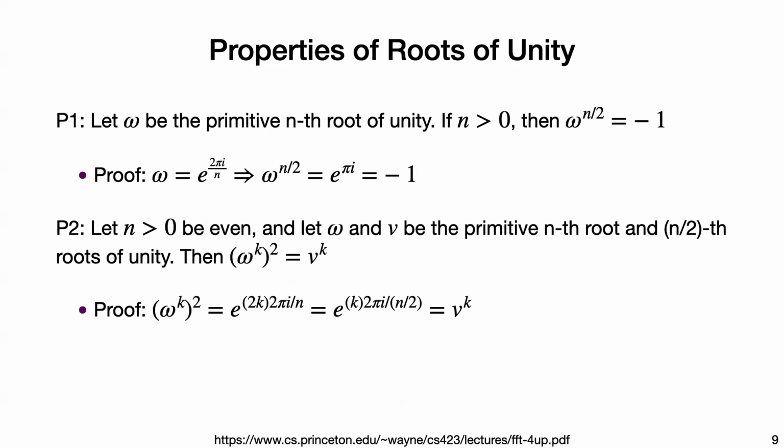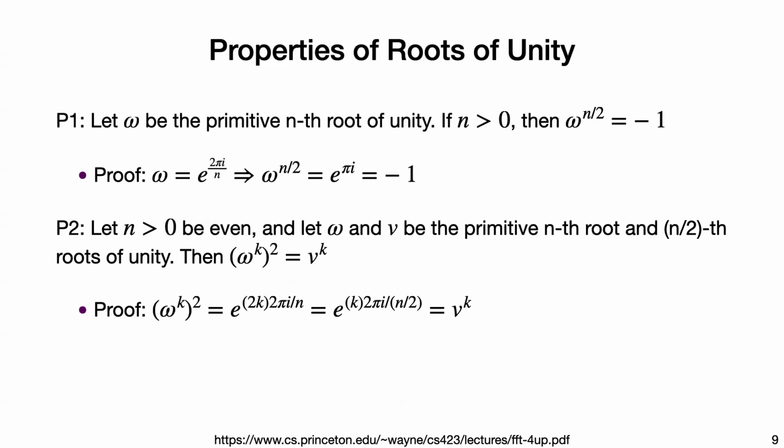And the second half of this will cover the first half of this again, because v to the k goes from v0, v1 up to v to the n over 2 minus 1. And the point, so the first thing is that if you have n roots of unity, starting from the second half, they will be negated from the first half.